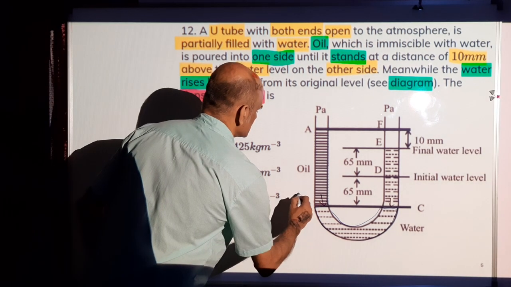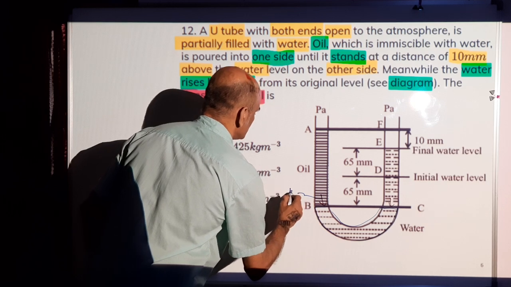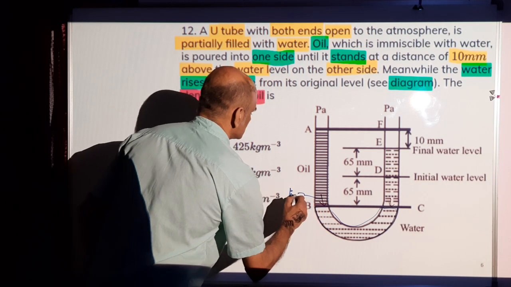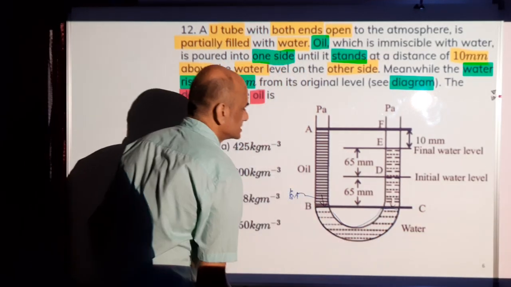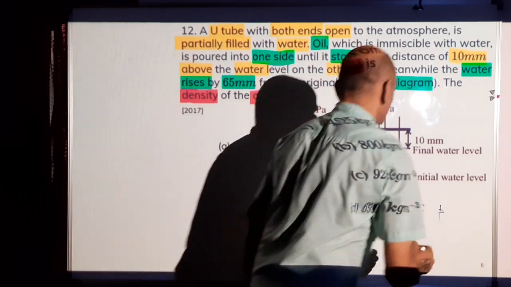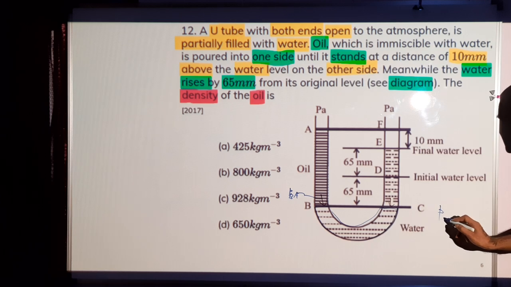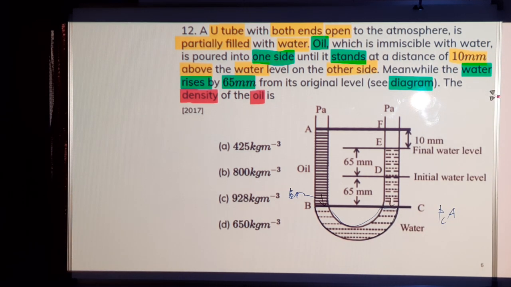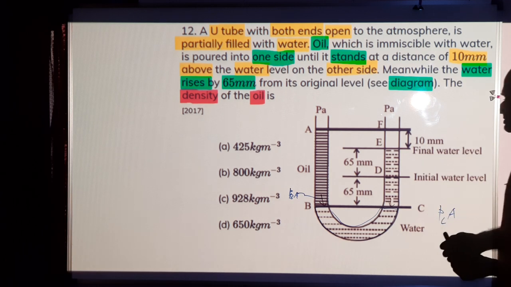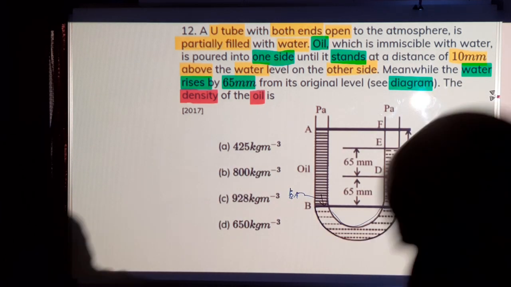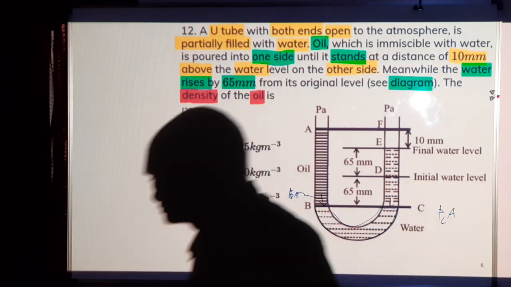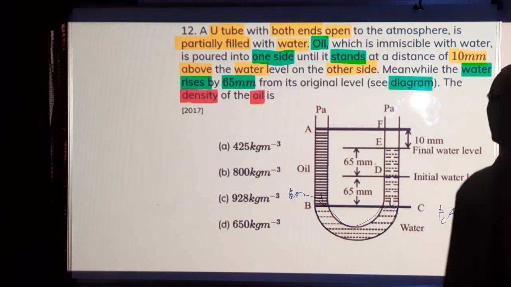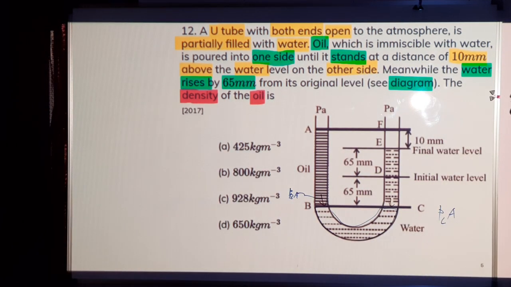The force on this side is pressure at point B into this area A, and this force is pressure at point C into this area. So both these forces should be the same. Only then will this column of water be in balance.